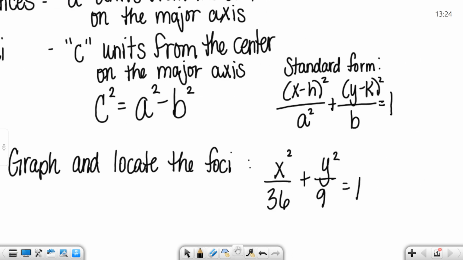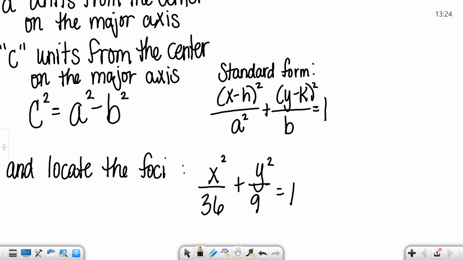Now that's only one equation, because remember our ellipses could look like an egg standing or an egg laying down, and I'm going to help you figure out how you know which one is which before we actually work that example.